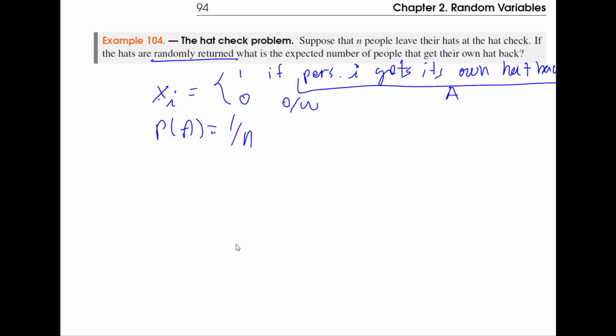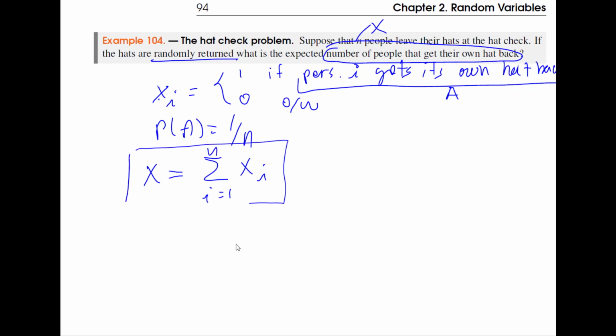All right, and that's pretty much all we need, because the number of people that get their own hat back, we're going to call x. And x is simply the summation of the xi's. Now, this is very important, because xi's are either 0 or 1.